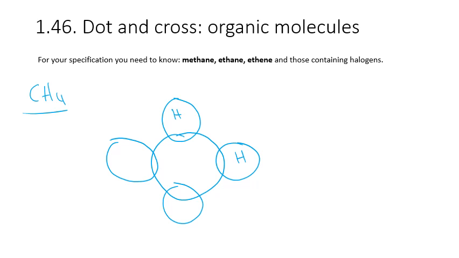Now each hydrogen has 1 electron in the outer shell and will form a single bond, and the carbon has 4 electrons in the outer shell and can therefore form 4 single bonds to get a full outer shell. Therefore we get 4 single bonds forming, and that is us complete. And of course we could count them up, but I'm sure by now you're tired of me counting to 8. There should be 2 available in each hydrogen and 8 for the carbon.